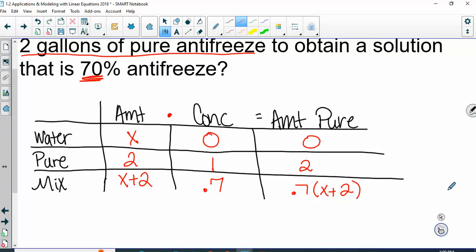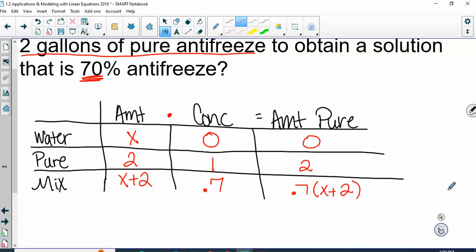Alright, the reason I love these charts so much is it organizes a lot of information, but then if you can get to this final column, the equation really writes itself. This is the amount of antifreeze I put in from the first thing. That's the amount I put in for the second thing, and that's my total. So what should I do?